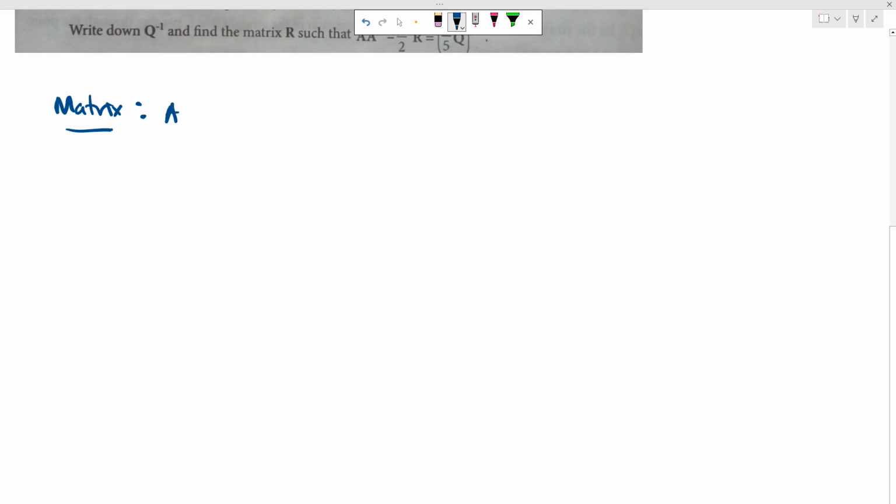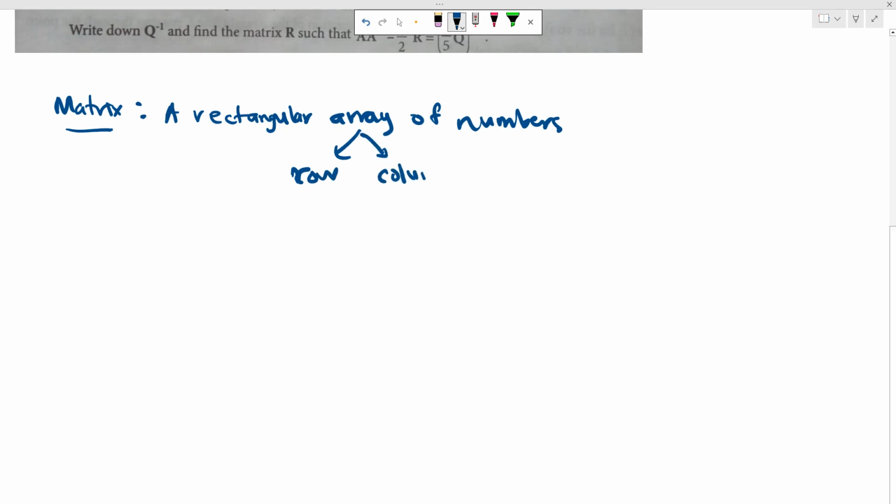So a rectangular array of numbers. An array contains columns and rows, but I will say rows and columns, right? If I take a matrix A, then it will contain some elements.